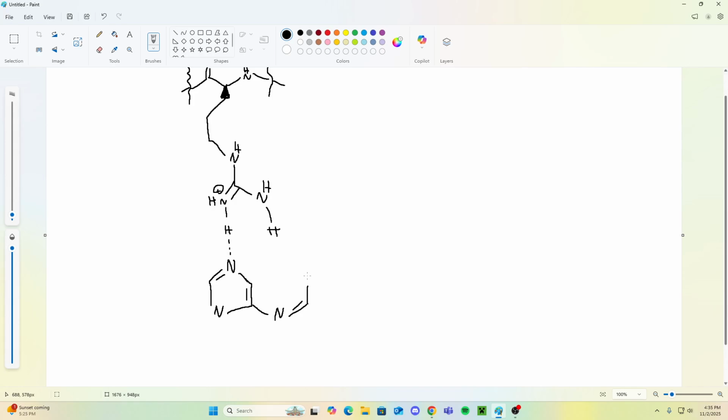I'm trying to remember off the top of my brain if this is, yes, this is correct. Let's draw that a little bit smaller just to be able to fit. Okay, there we go. And then this is a double bond oxygen.